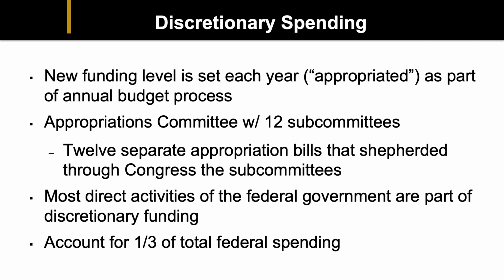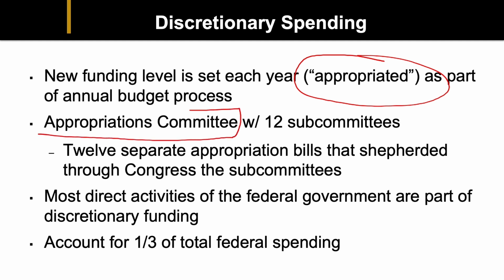Discretionary spending, this annually appropriated spending, is set or appropriated as part of the budget process every year. The way it works is there is an appropriations committee in the House and one in the Senate. Appropriations committee is a very desirable committee because it sets the annual appropriations.